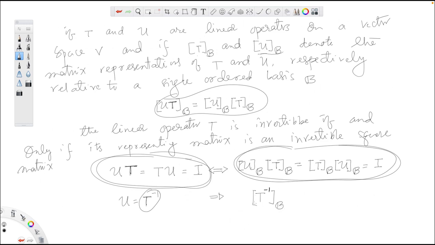So the matrix representation of this linear operator T inverse on V is equal to the inverse of the matrix representing the linear operator T relative to the ordered basis B.